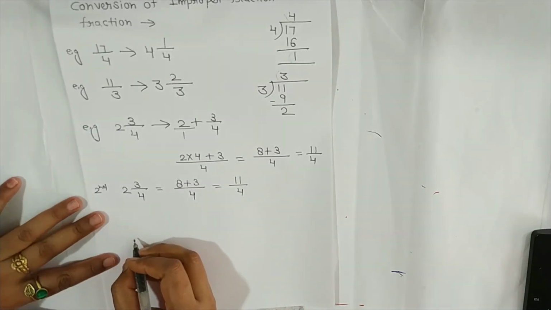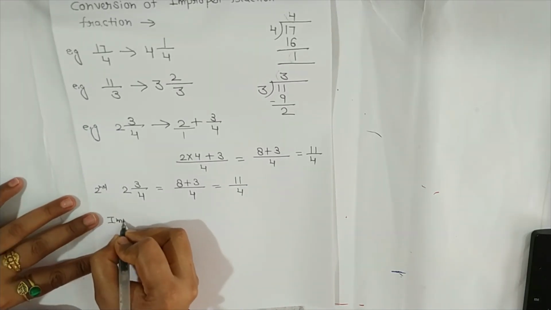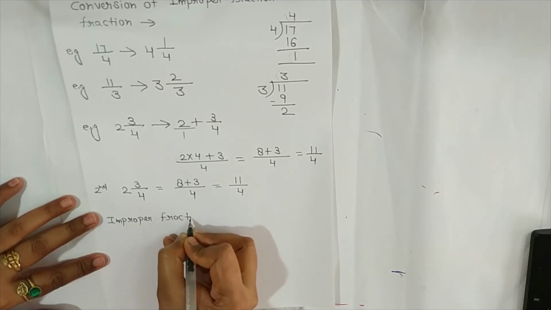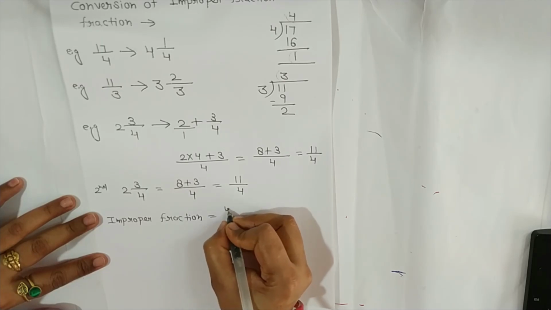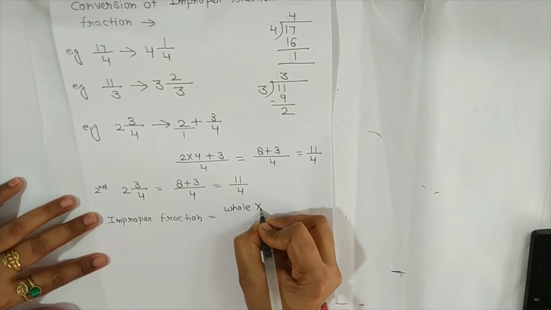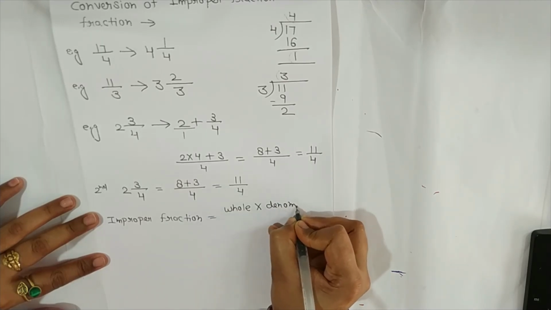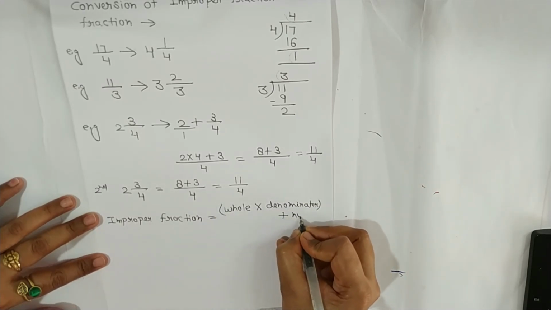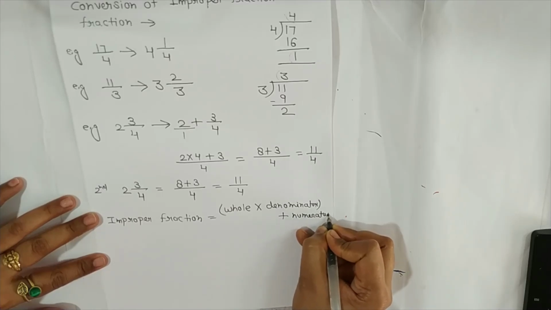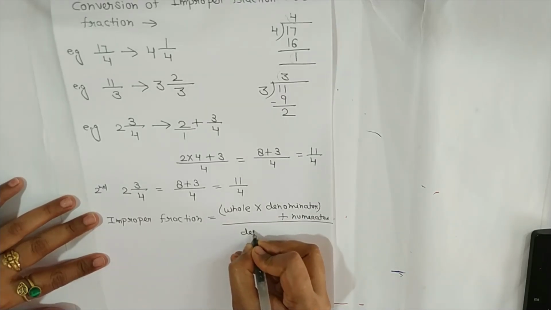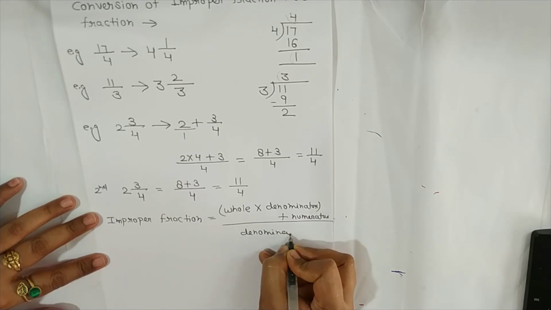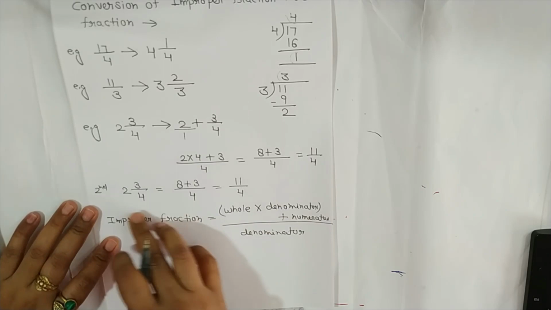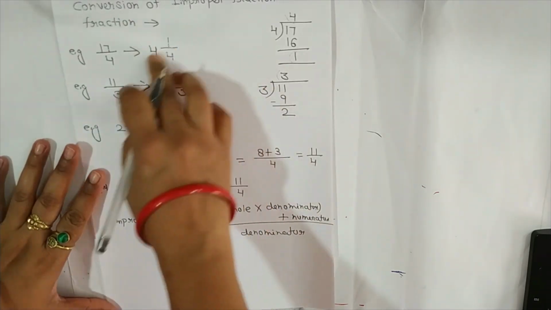So the formula is: improper fraction is equal to whole multiplied with denominator plus numerator, divided by denominator. Okay. So from this you can find out the improper fraction and mixed fraction.